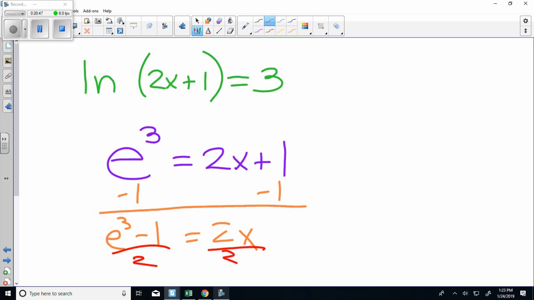You have to use your calculator to figure this out. e to the third is 20.08553692, minus 1 is 19 point all of that, divided by 2. So x equals 9.543.